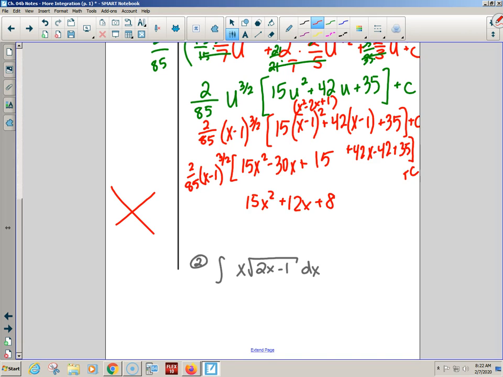So 8 15s would be 4 30s, which would be 120. 12 and 10, that's not going to help. 8 and 15, that's not going to help. 6 and 20. Oof, that's close. Maybe there's not anything.